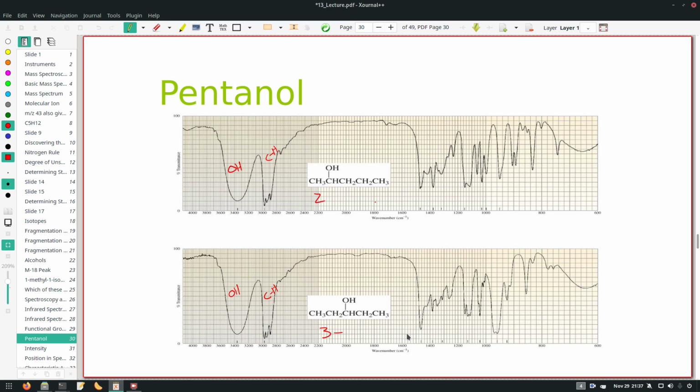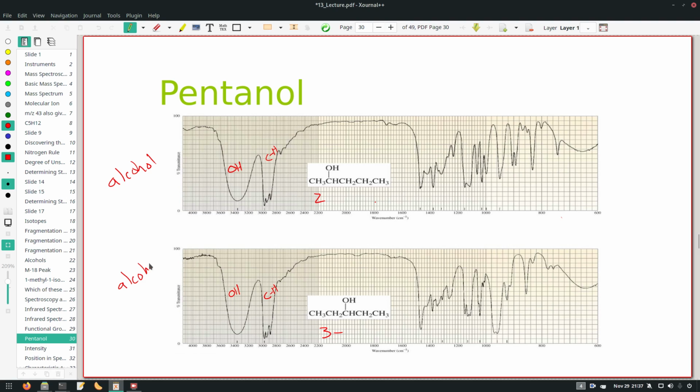Where their distinction happens to be is in this area we call the fingerprint range. Now both of these, these other peaks down at this right end, do talk about those individual bends and flexes and whatnot, but we never try to identify what those peaks and stretches are. What the IR tells us is that both of these told us the same thing: you had an alcohol.